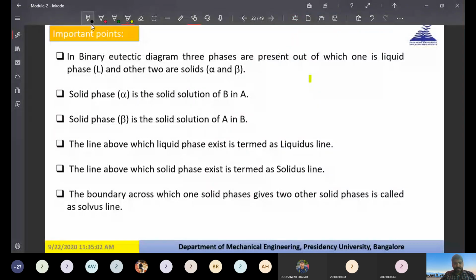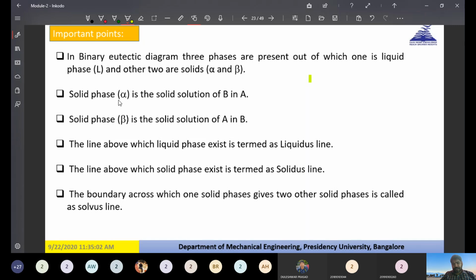So you can see the first point: in a binary eutectic diagram, three single phases are present, out of which one is the liquid phase and the other two are solid phases. So in total, we have three phases in the binary eutectic system. One is the liquid phase and the other two are solids only.